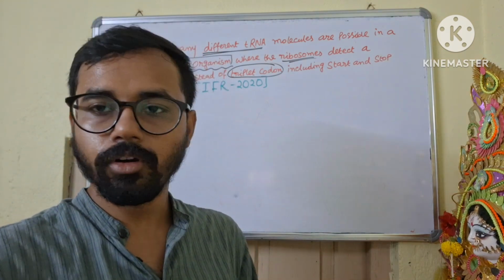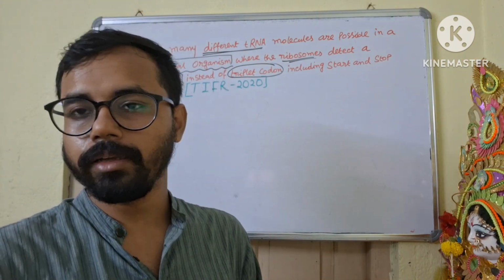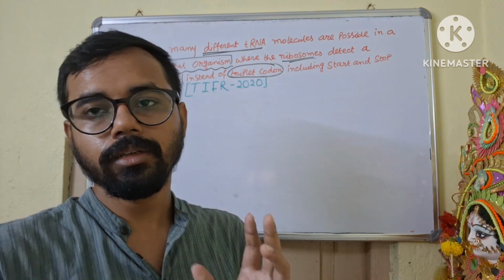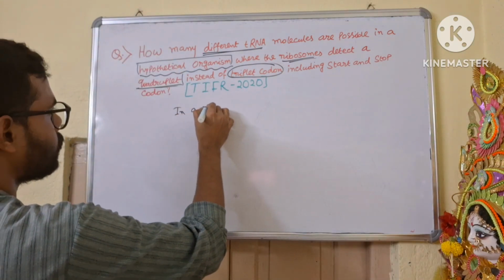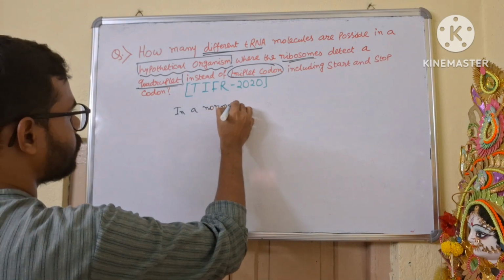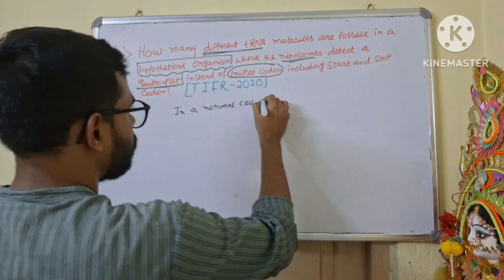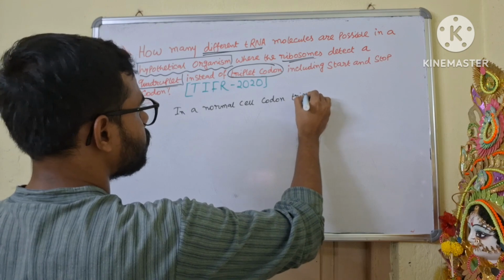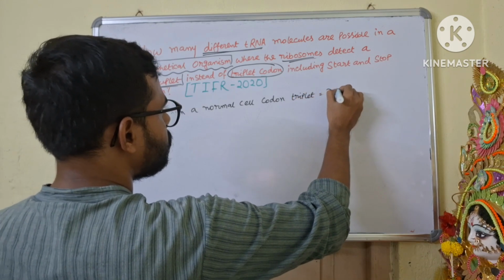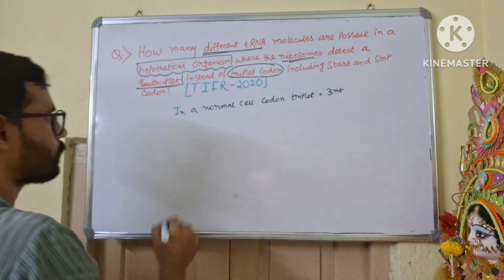We know that in a normal cell the codon is triplet, that means the codon contains 3 nucleotides. In a normal cell, codon triplet means a 3 nucleotide containing codon.